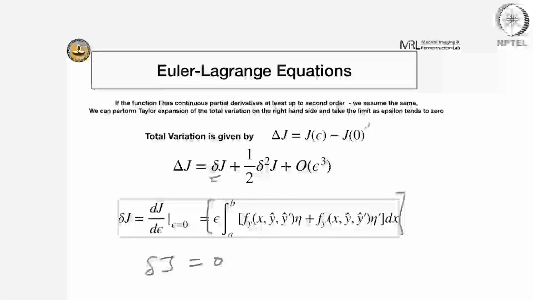J of 0 is the minimum, so any other perturbation should only increase the value of J. But if I change the sign of epsilon, you can show that this will become a negative number, and the sign of delta J changes. That means you can get higher or lower values, so that's not correct. Then you have to set delta J equal to 0.